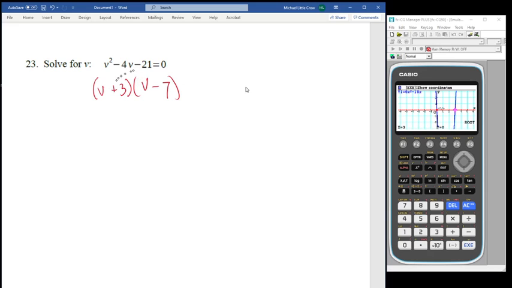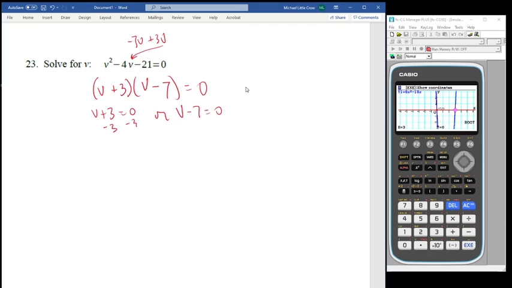V squared negative 21, and then v times negative 7 gives us negative 7v, and 3 times v gives us plus 3v. When you combine those, you get your minus 4v. So that works. That's equal to 0, so v plus 3 equals 0, or v minus 7 equals 0.